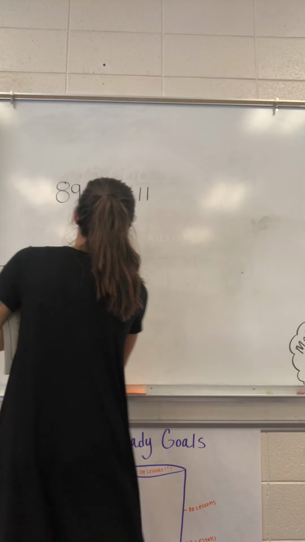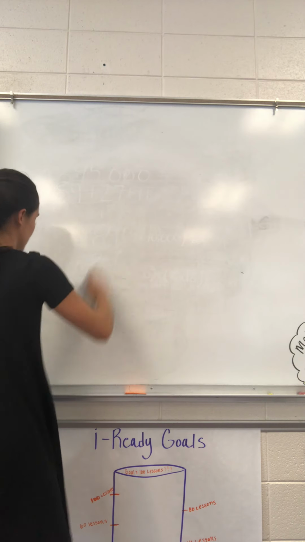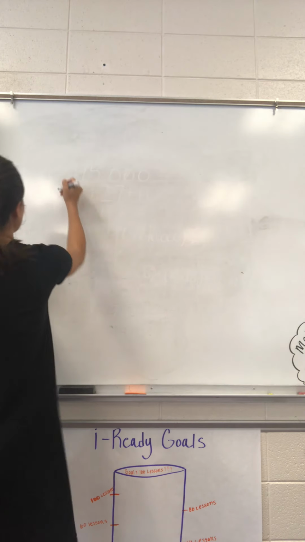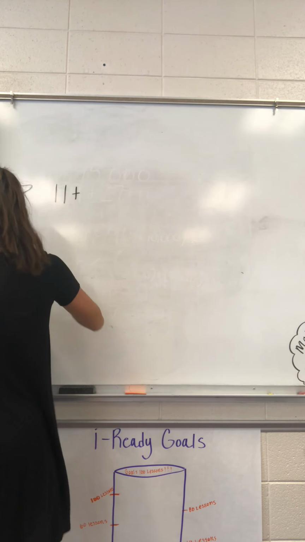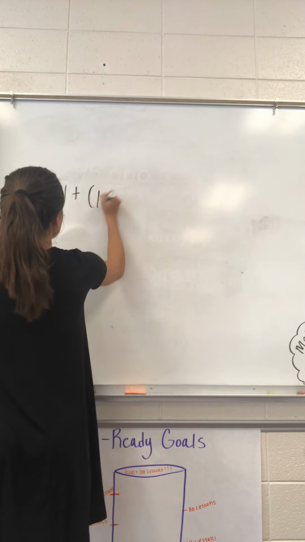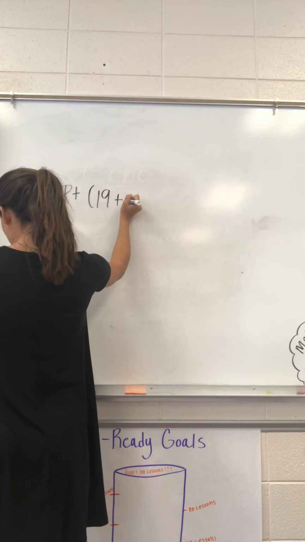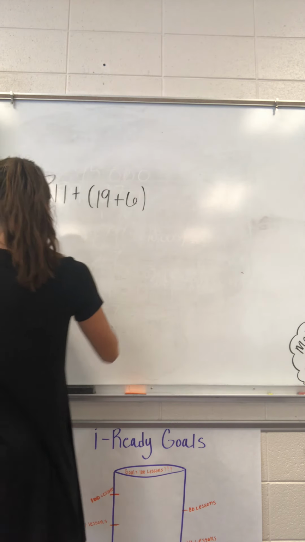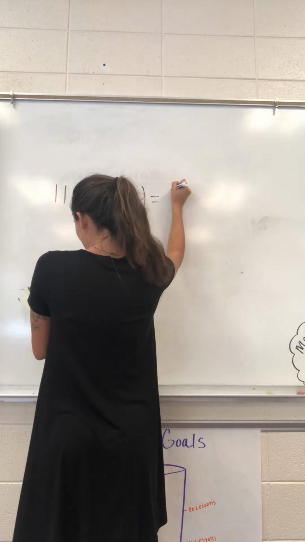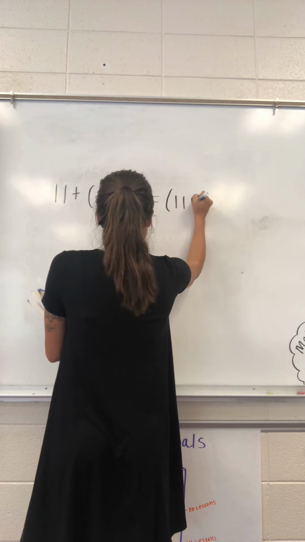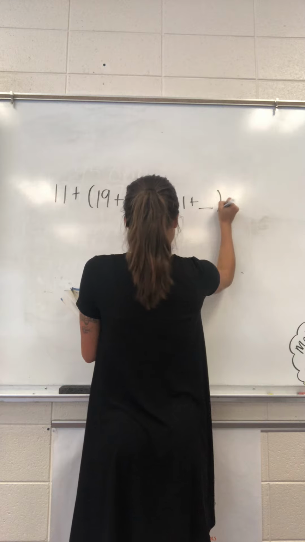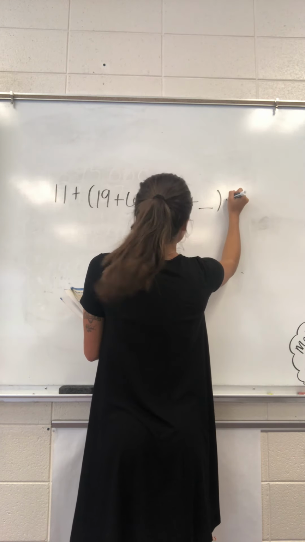Let's look at number 10 together. Number 10 is 11 plus parentheses 19 plus 6 equals 11 plus blank plus 6.